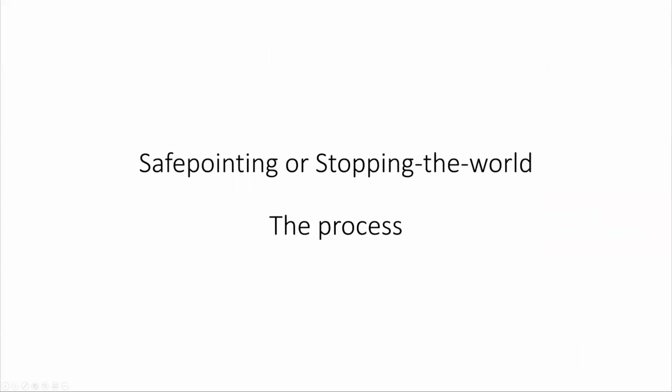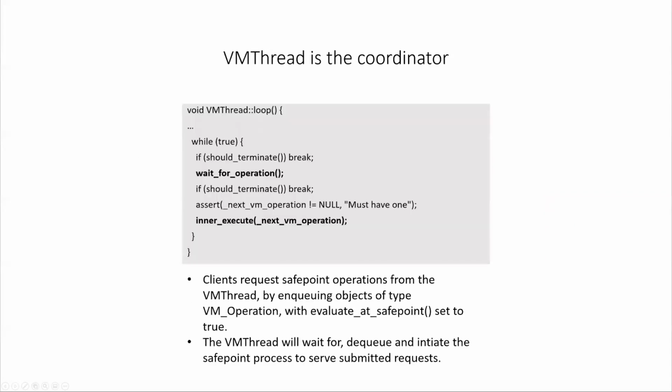Let's now take a detailed look at the process of bringing the system to a Safepoint. So the process is initiated by clients that request Safepoint operations from the VMThread. And it does so by enqueuing objects of type VM operation with a property evaluate at Safepoint set to true. And the VMThread will wait for, dequeue, and initiate the Safepoint process to serve submitted requests.